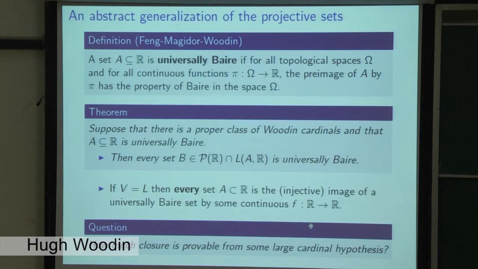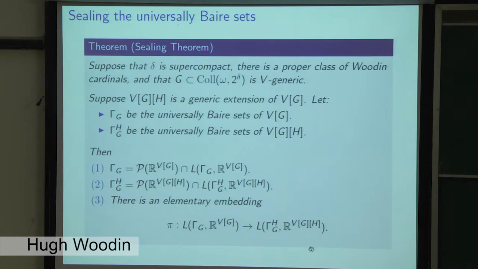So you can ask, and now I'm going to go a little bit off topic because it is an interesting question, how much closure is provable from some large cardinal hypothesis? And this turns out to be related to whether there's an anti-inner-model theorem. So there's what's called the Ceiling Theorem.